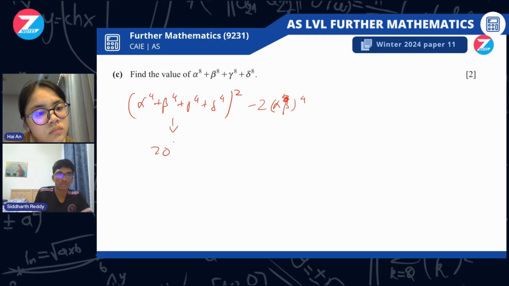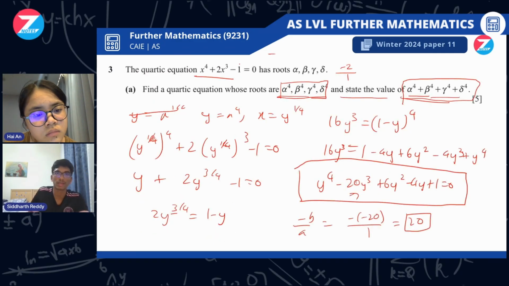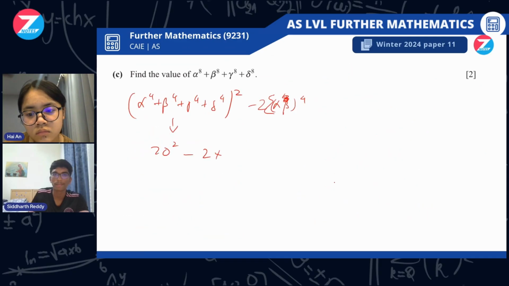So that's 20 squared minus 2 times the sum of the roots taken 2 at a time, basically, of the second quartic equation. So that's equal to C by A. The C over here is 6, so 6 by 1 minus 2 into 6. So it's just 400 minus 12, which is 388.